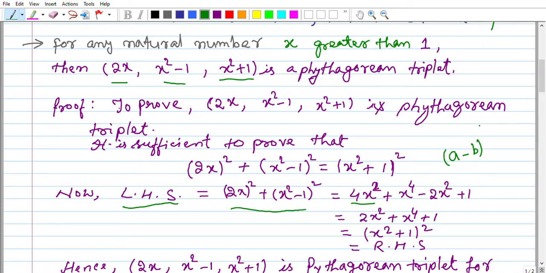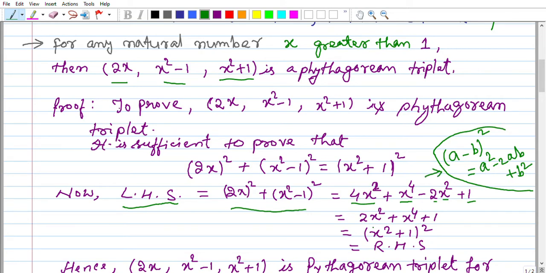So (a minus b) whole square is a square minus 2ab plus b square. So here x square means x power 4 minus 2x square, taking x square as a, and 1 in the place of b, when comparing by this formula.